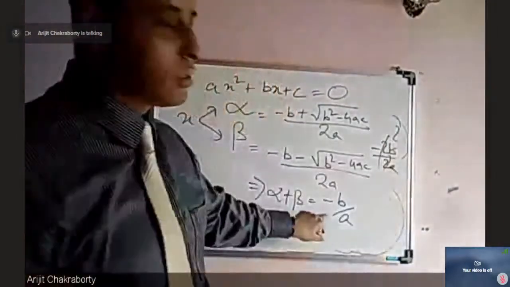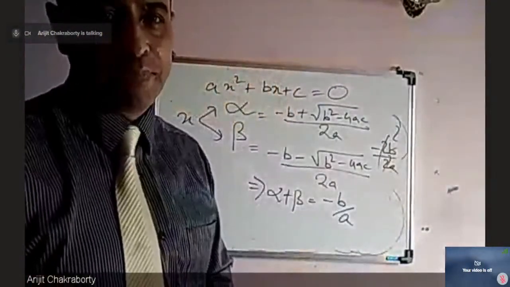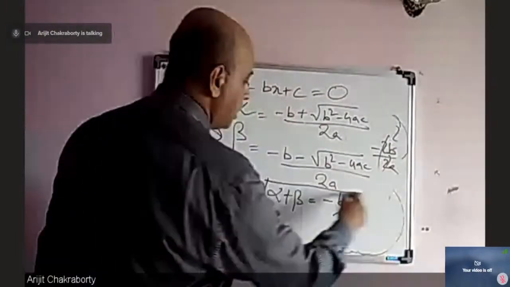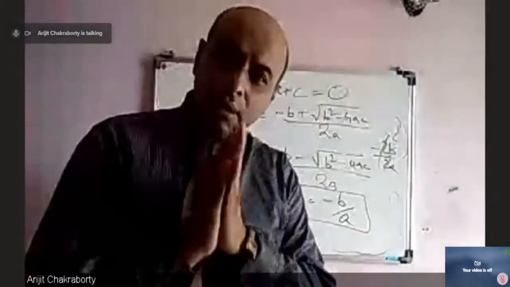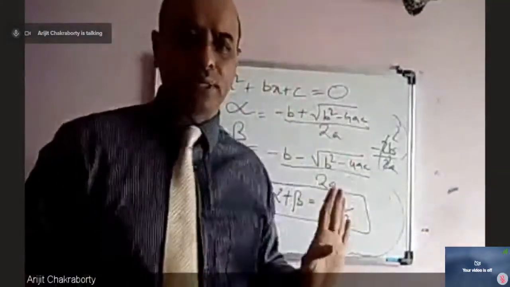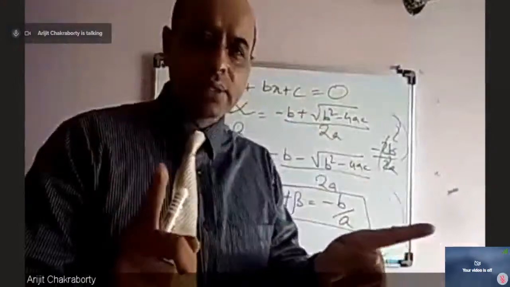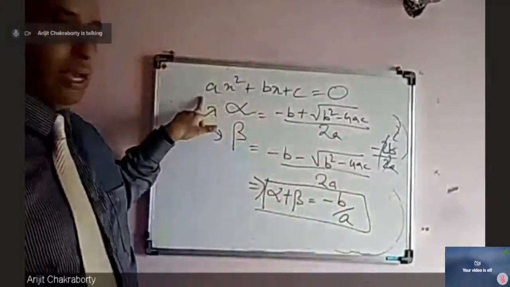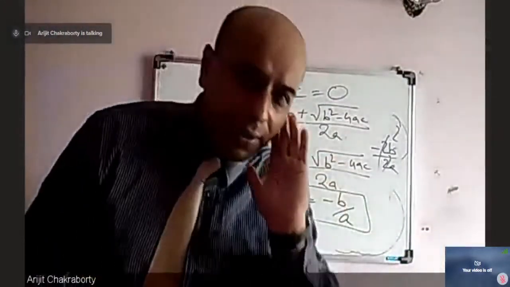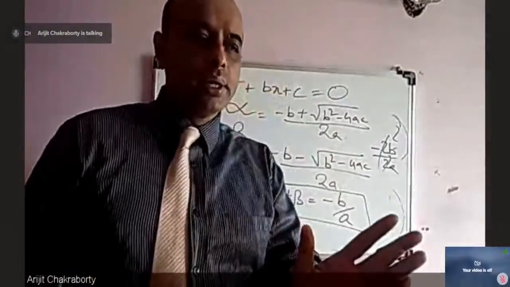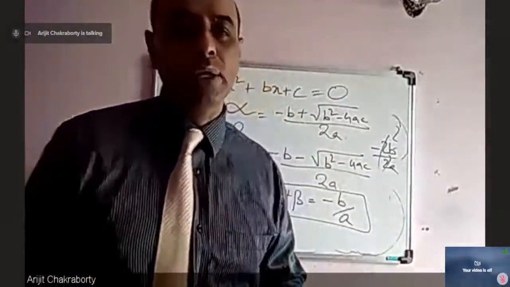So 2 cancels out. You will get minus b by a. This is the first formula which you must remember. I request you to remember this formula. Please don't forget this. Sum of the roots is equal to minus b by a. Okay, you have to remember it, otherwise you will be having difficulty in solving numericals.